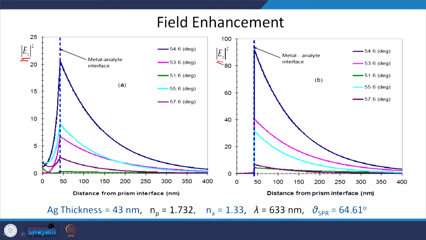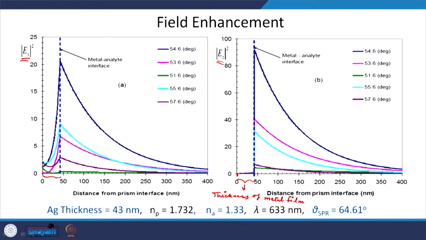So, this is the thickness of the metal film. And this is the interface for prism and metal.